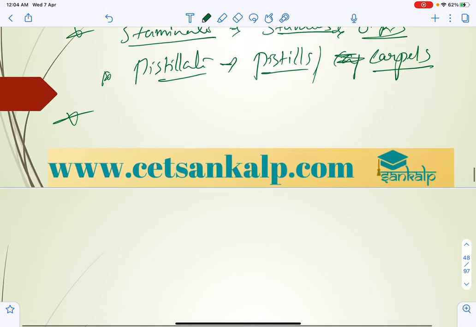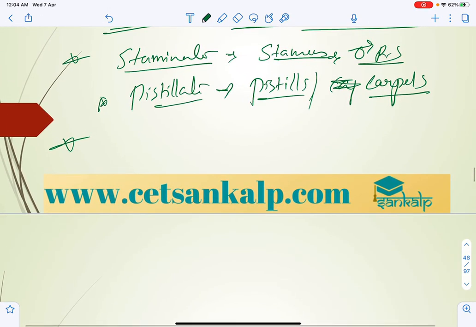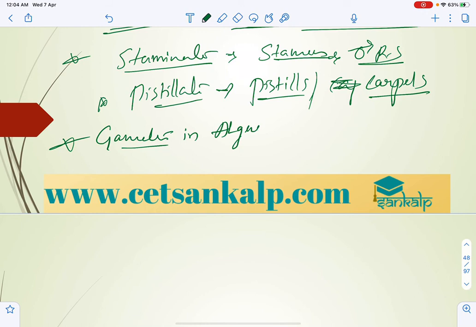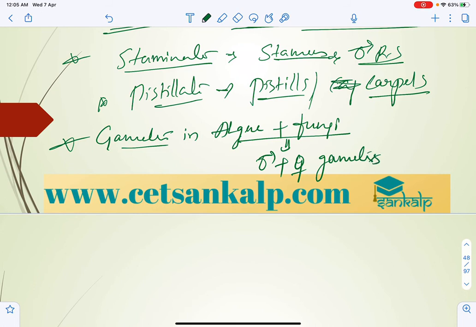Lower plants like algae and fungi, point to be noted, both male and female gametes are motile. In some only the male gametes are motile, but here both are motile.